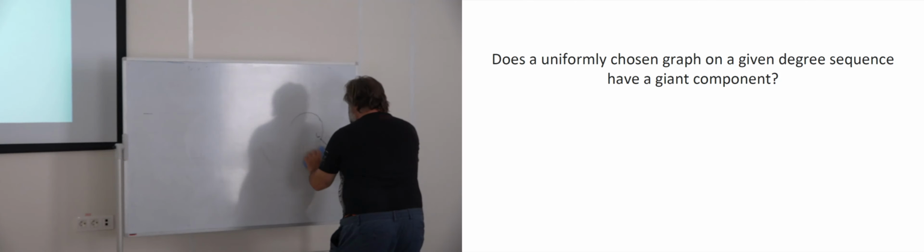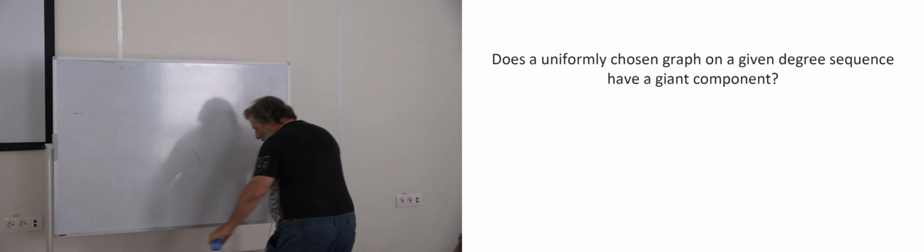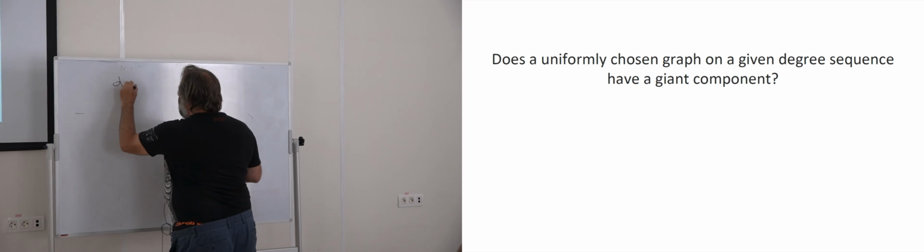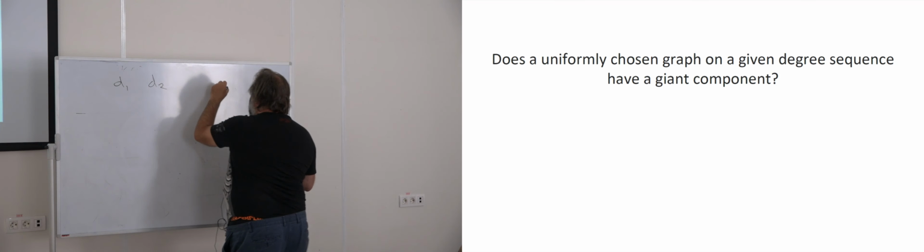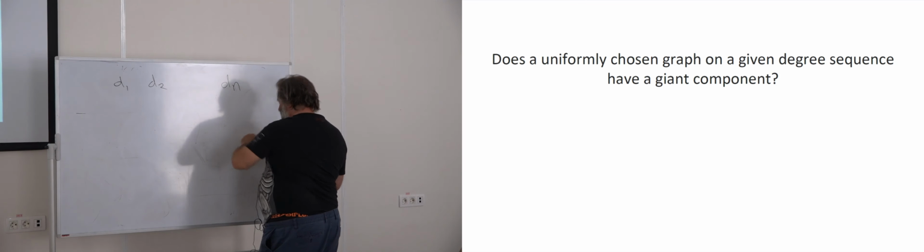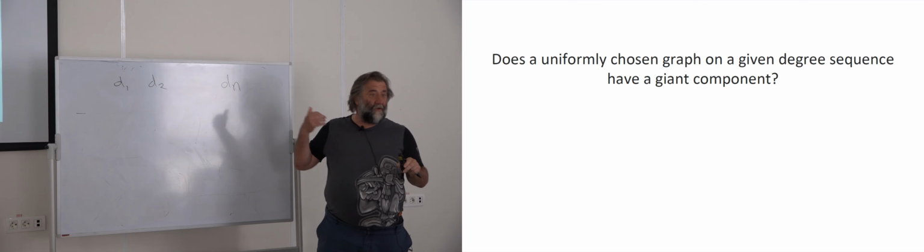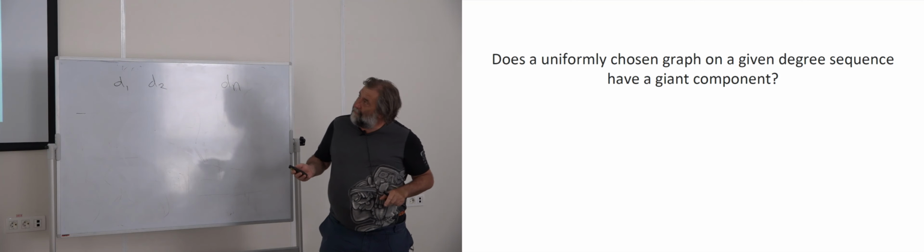And so my degree sequence then is d1, d2, up to dn. Right? And we're taking a uniformly random graph subject to vertex i having degree di.